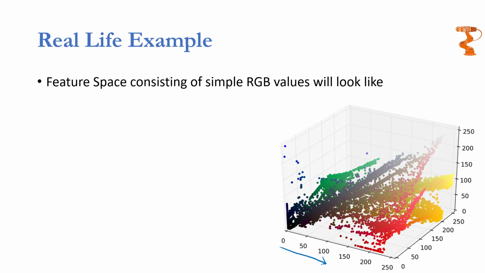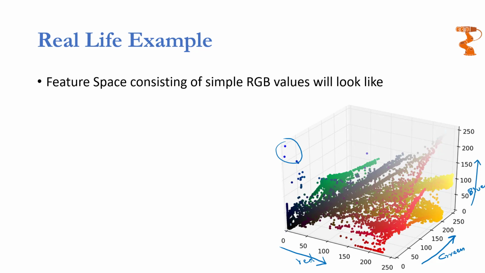This dimension is representing red color, this dimension is representing green color, and this dimension is representing blue color. You can see that points having 0 red, 0 green, and a high value of blue are located over here, and they appear as blue points.